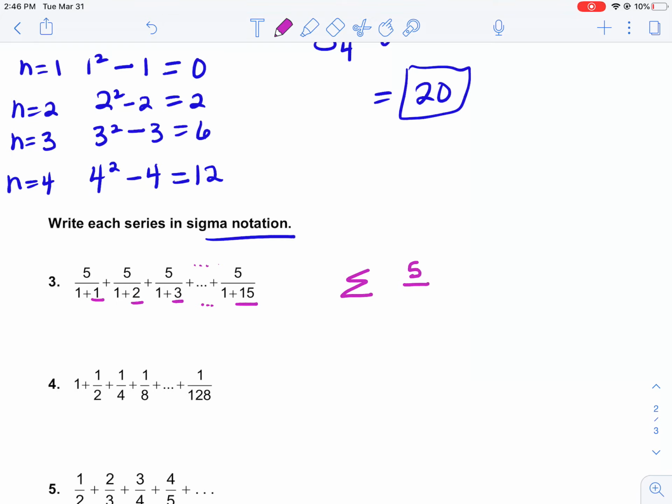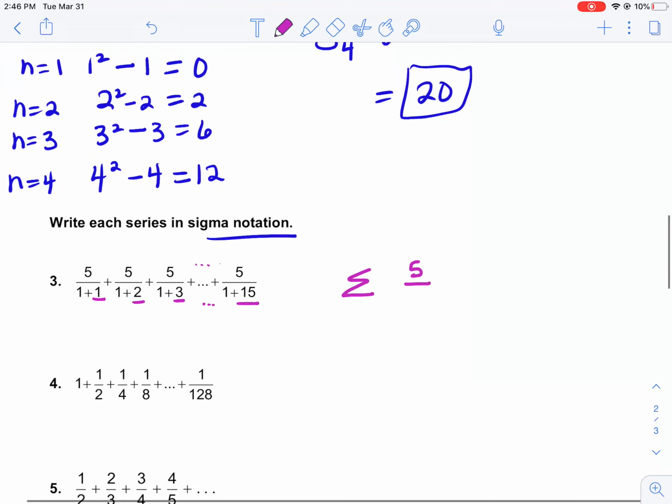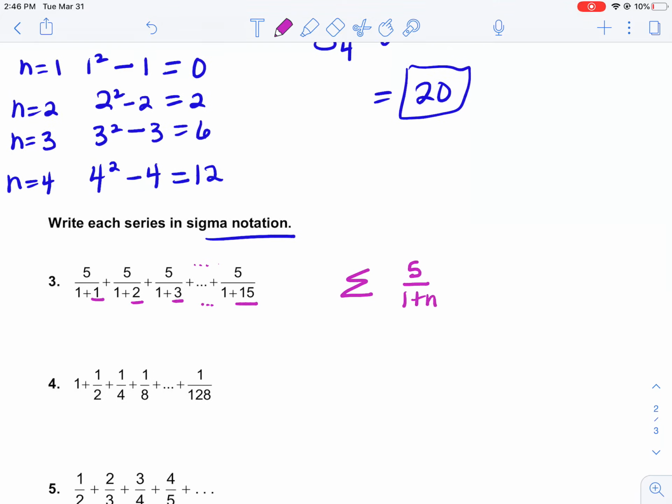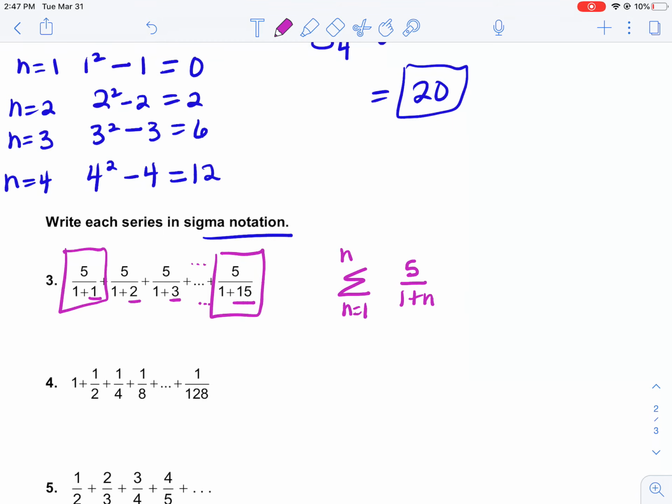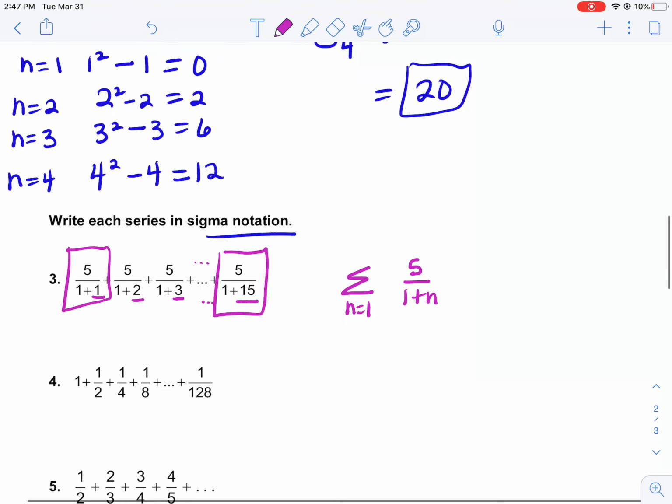So I need to come up with some type of a rule. And the rule that I can come up with is 1 plus n. And so in order to get this first term right here, n equals 1. And the last term in my sequence is 15, so I'm just going to put a 15 right here.